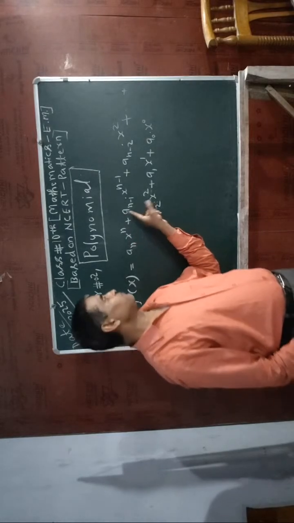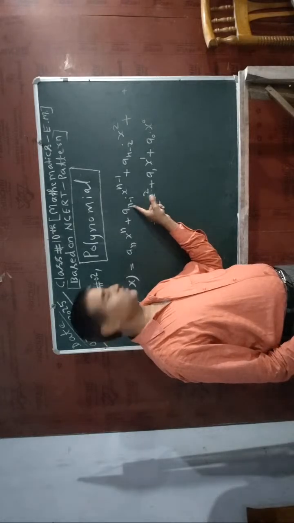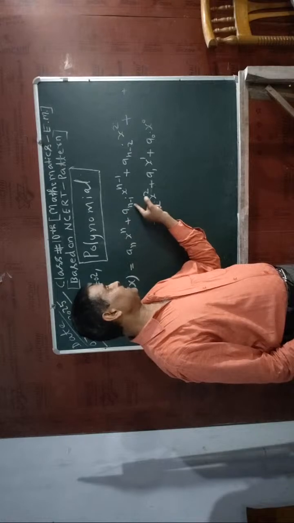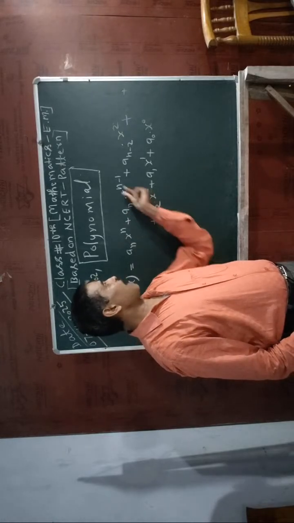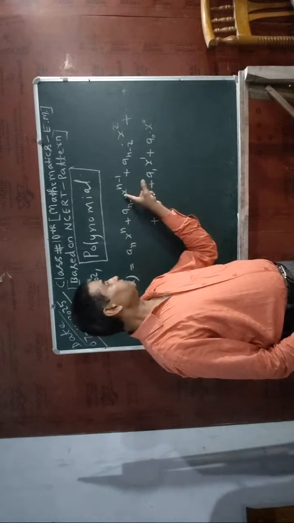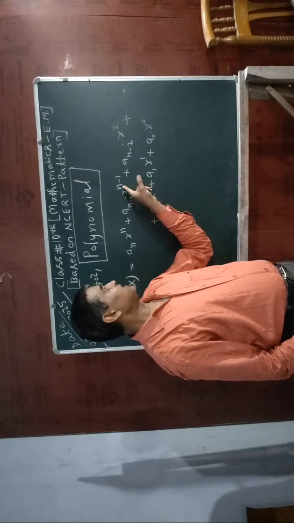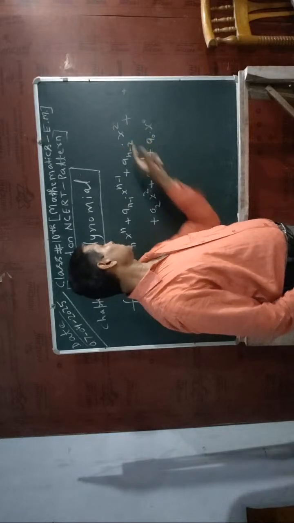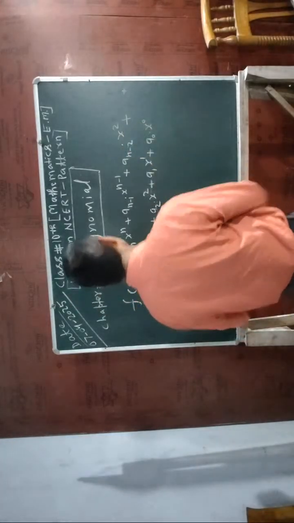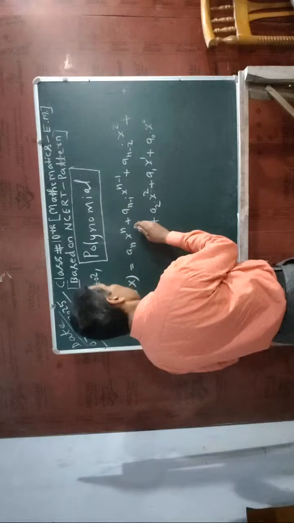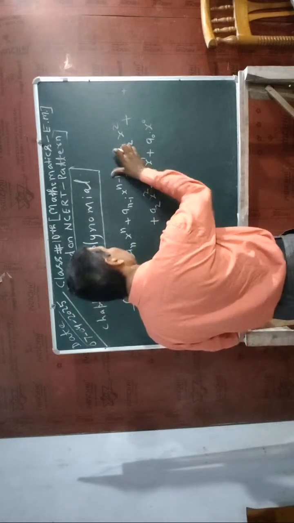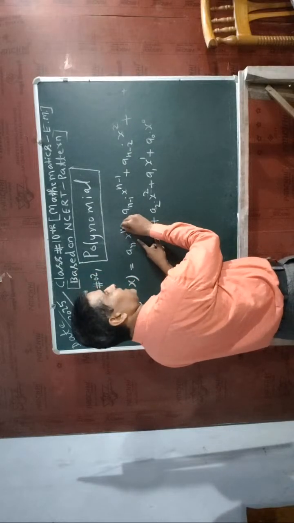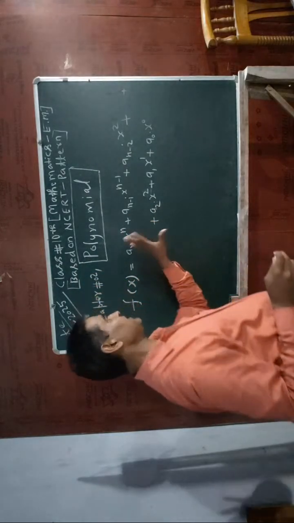Here I am writing a of n minus 1, meaning the suffix of a is n minus 1, and the same value I am putting as the power of the variable x, n minus 1. Here will be n minus 2, so I have written 2 here.